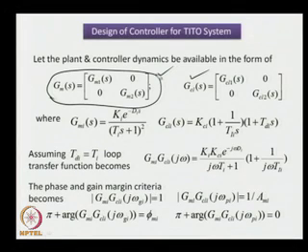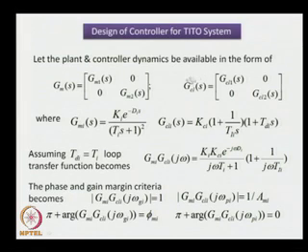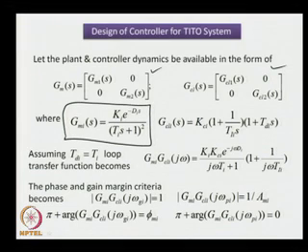Now, after assuming the form of the controllers and the process dynamics in the convenient forms, let us assume the dynamics of the processes to be available in the second order plus delay transfer function form. What is this i? i varies from 1 to 2.